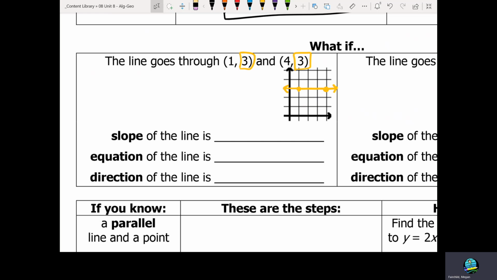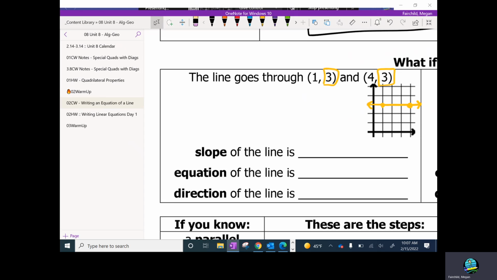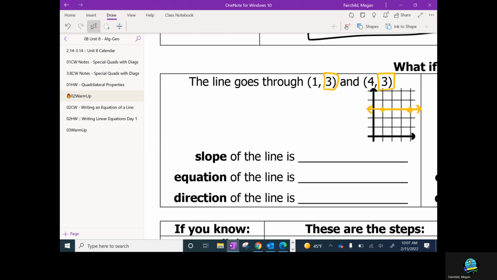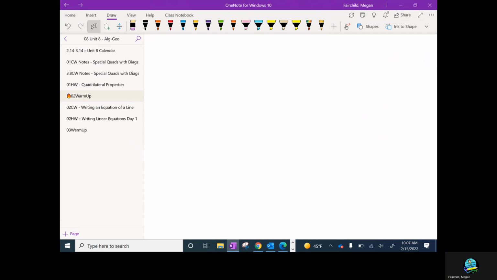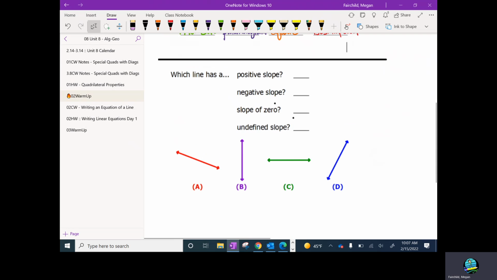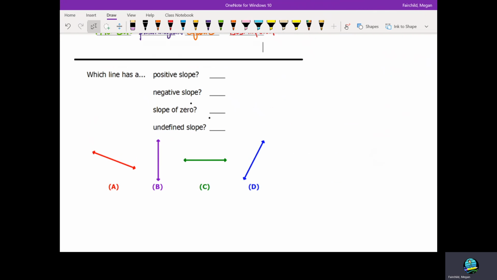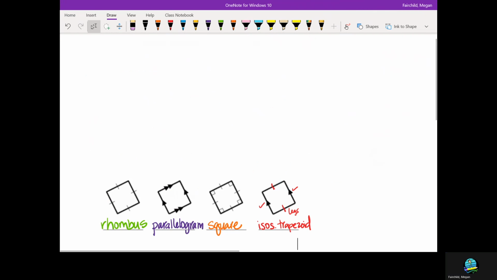Oh, we didn't go over that in the warm-up, did we? No. My bad. I forgot about that part. All right, we can do this now.